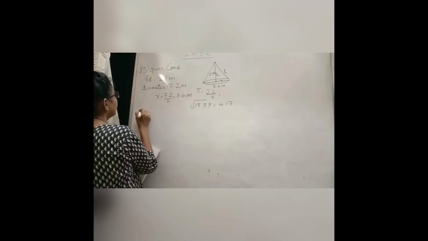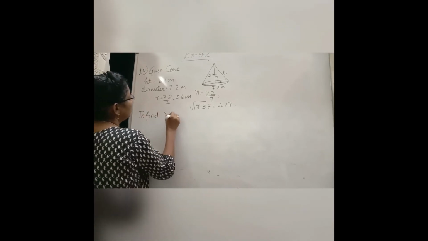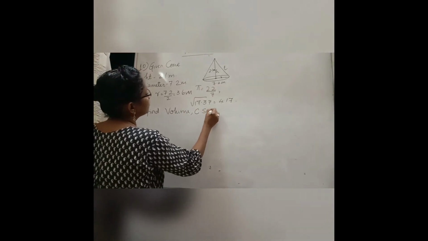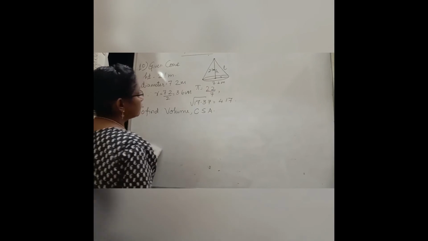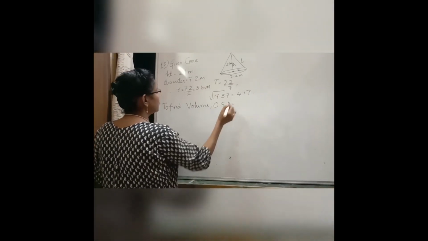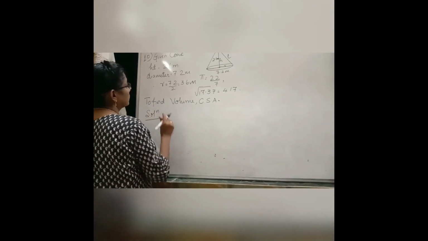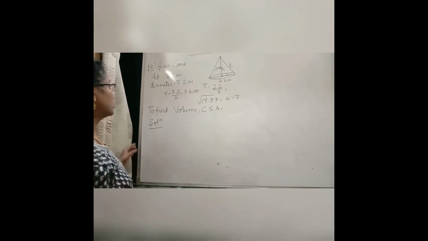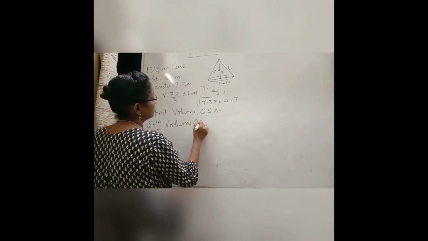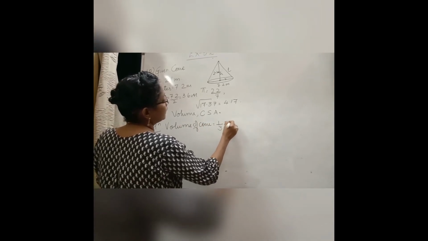Now we have to find volume and curved surface area, because we are covering the fodder with an outer covering, that's why it is total curved surface area. The solution: we'll find the volume of cone, which is equal to 1 by 3 pi r square h.